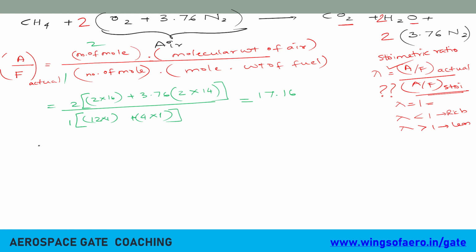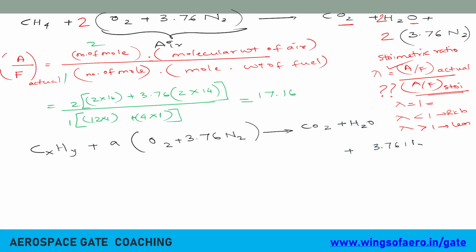This is the general formula: CxHy plus aO2 plus 3.76 of N2 equals xCO2 plus y/2 H2O, plus some amount of N2.